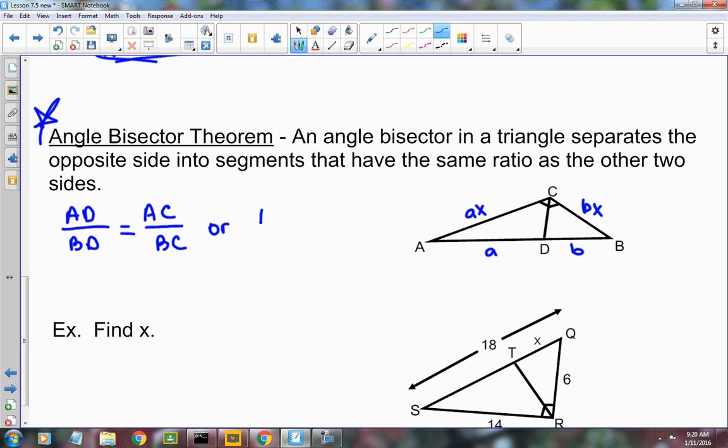So I could do AD is to AC as BD is to BC. Either one of those proportions would work. Okay, the first one is left to right, okay? The second one is left to side left, and right to side right, okay? Either way.